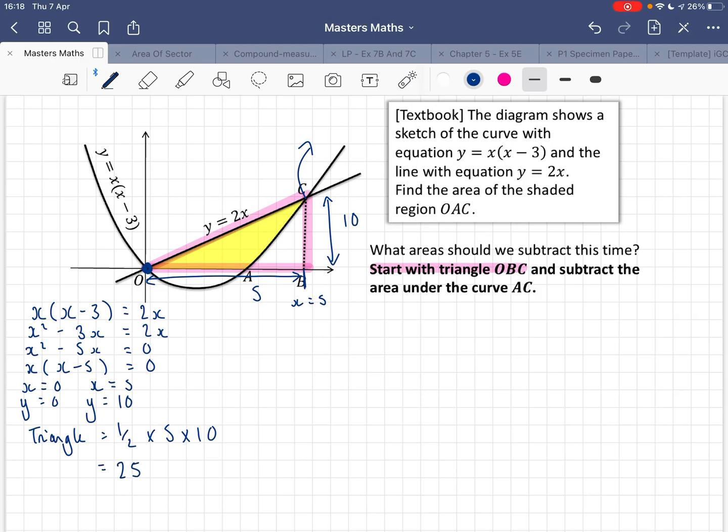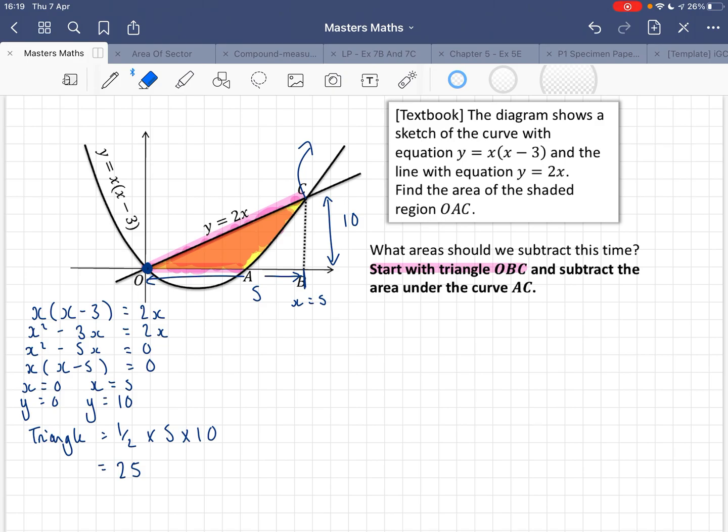What we're actually subtracting when we subtract the area under the curve is, because we now have this triangle area, we're interested in the yellow part, which now kind of looks a strange shade of orange, but you know what I mean. We're interested in this yellow part, which means we have to subtract this part here.